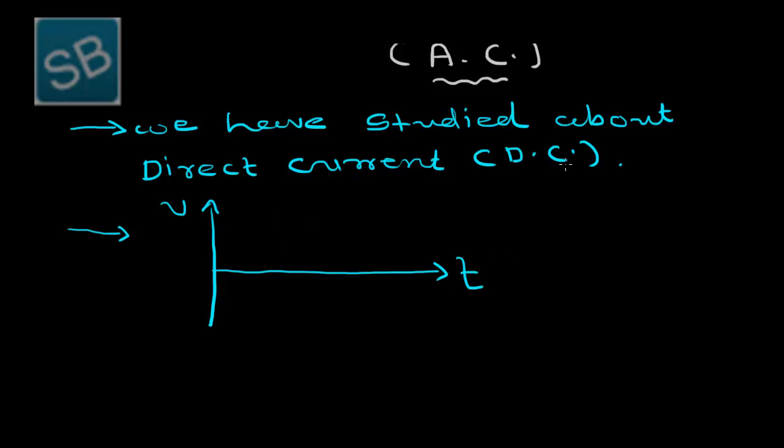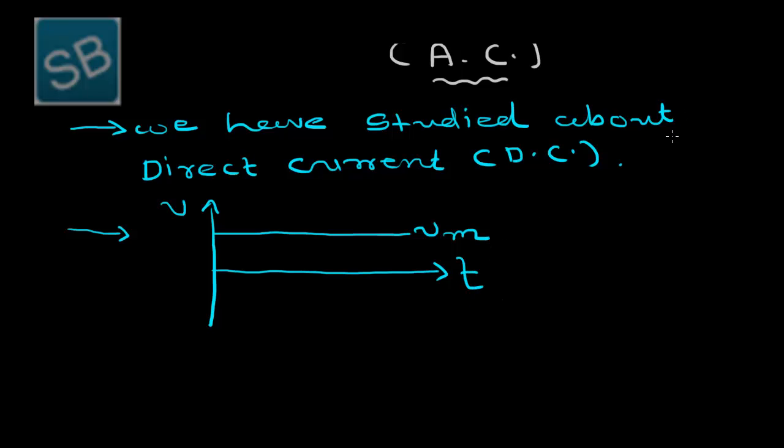In the direct current characteristic, the voltage will not change with respect to time. And here Vm stands for the maximum voltage, or the voltage applied to the circuit. So in this case, the voltage is not changing with respect to time.